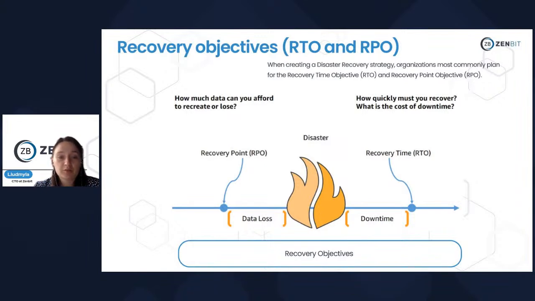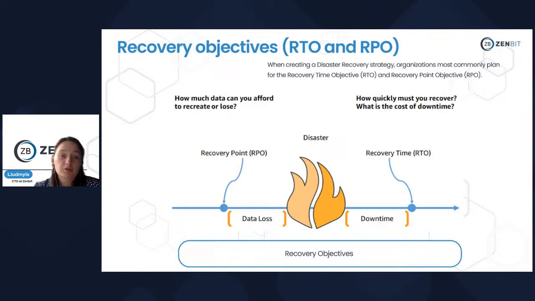Recovery time objective is the maximum acceptable delay between the interruption of the service and restoration of the service. This objective determines what is considered an acceptable time window when the service is unavailable and is defined by the organization.